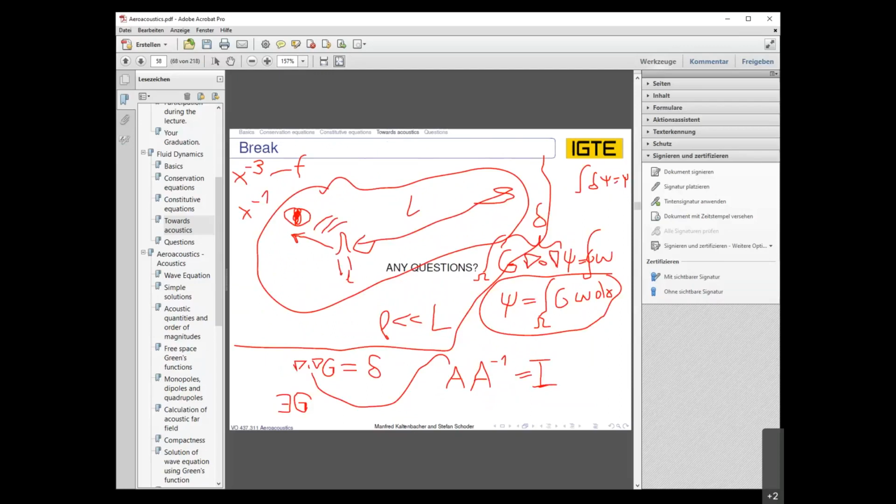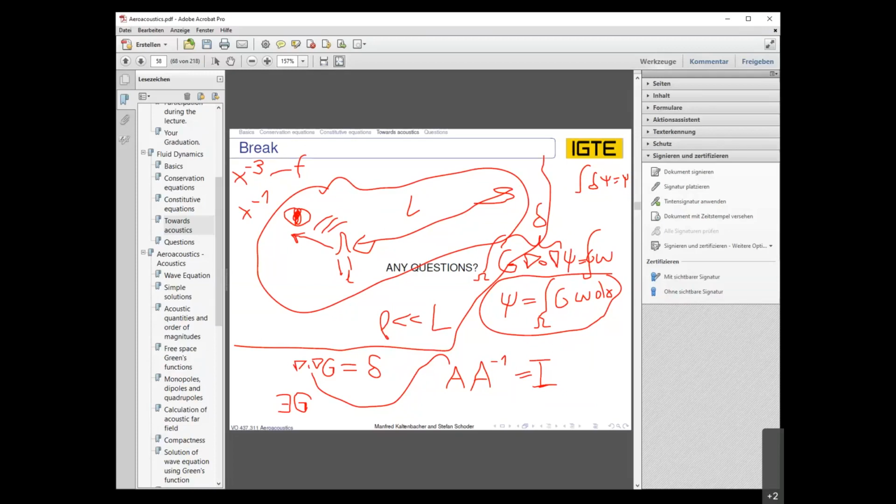Is Green's function a singularity when you are at its origin? It's very specific for different PDEs, so I'm not 100% sure. Okay.